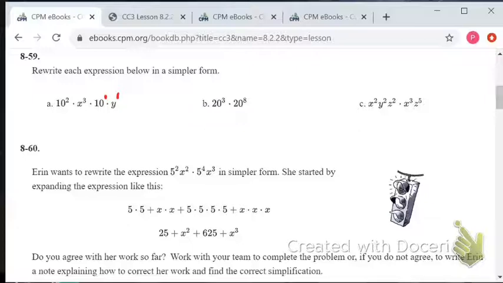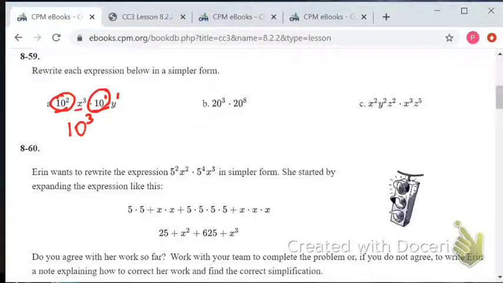So if we're multiplying, remember everything is being multiplied here. Multiplying is commutative, so it doesn't matter in which order we do it. We're going to multiply 10 squared times 10 to the first. So there's two 10s here, and there's one 10 there. I should get 10 to the third, as we talked about yesterday and the day before.